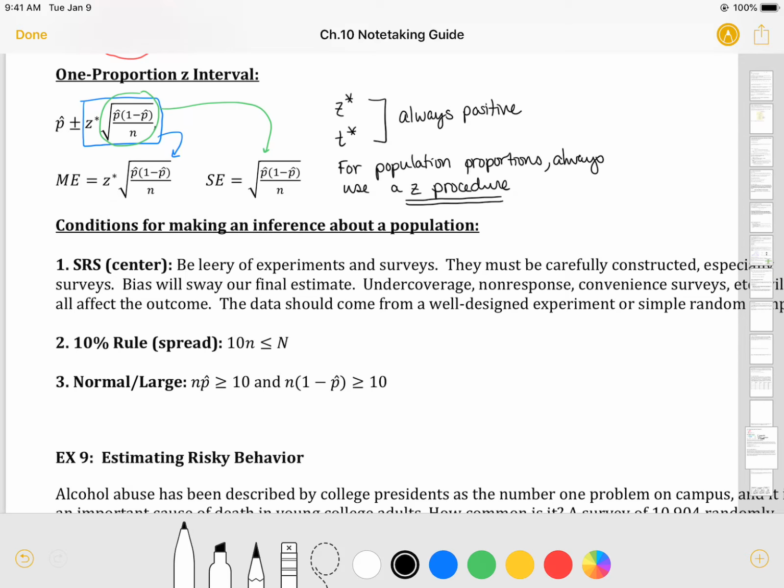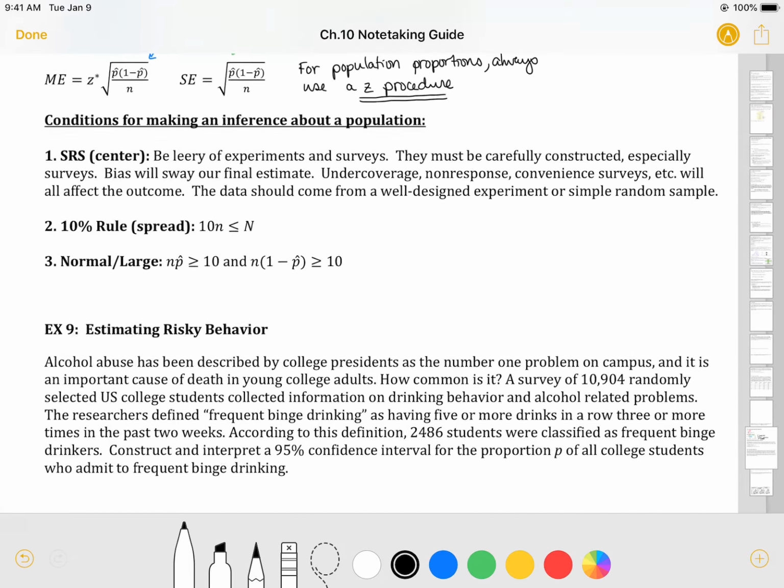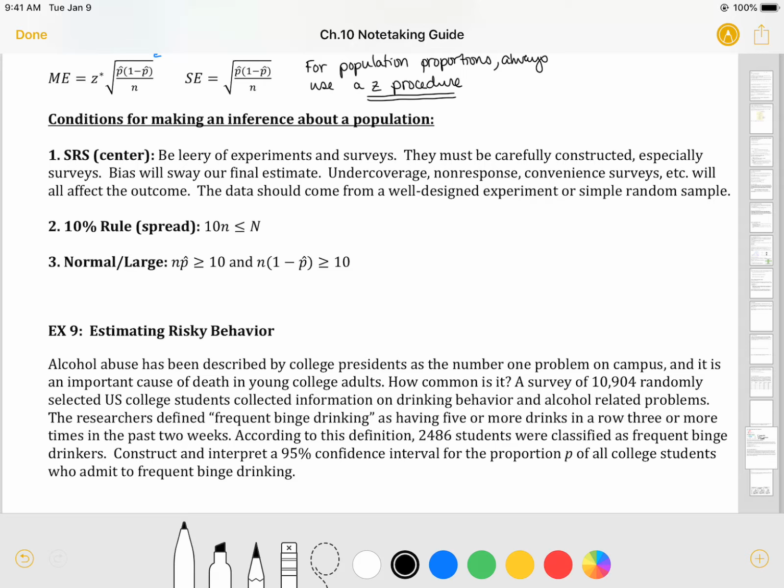Okay, all right, before we dive in, let's look at a refresher on our conditions. We learned that we have to have a random sample in order to estimate our population proportion, or our center. And we want to make sure that we have a well-designed experiment or that a simple random sample is stated in the problem, okay?